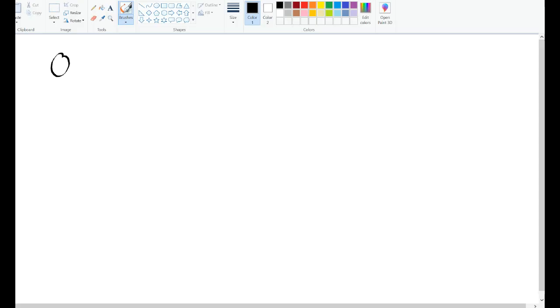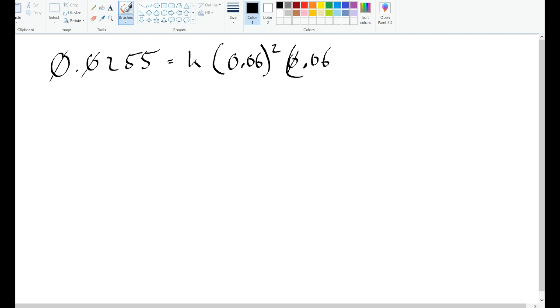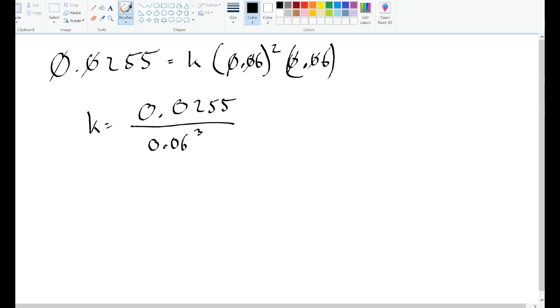It should be 236, I believe. So our rate, 0.0255, is equal to K times 0.06 squared times 0.06 to the first. We just solve for K. 0.0255 over 0.06 to the third.